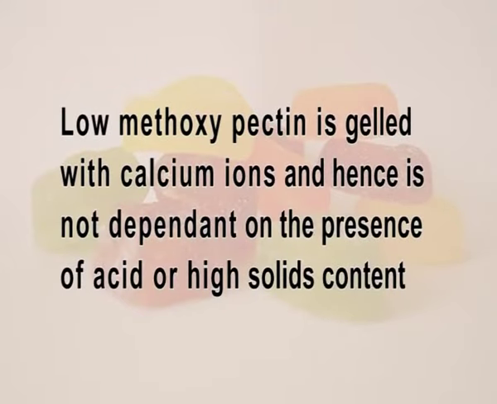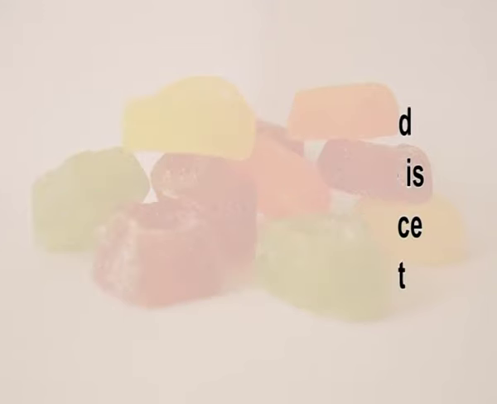Low methoxyl pectin is gelled with calcium ions and hence is not dependent on the presence of acid or high solids content. The low methoxyl pectin has the lowest level of esterification, and amidation can interfere with the gelation, causing the gelation to be delayed.